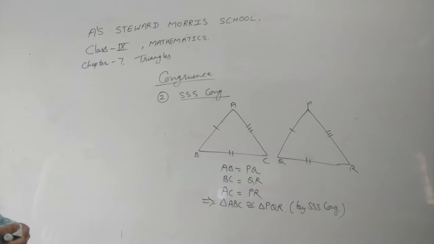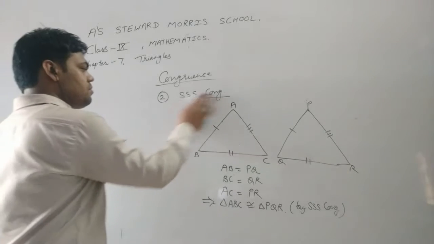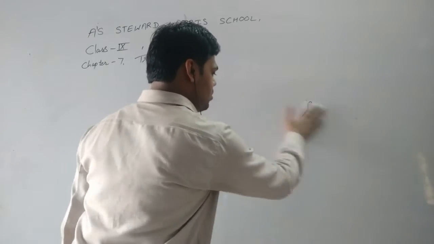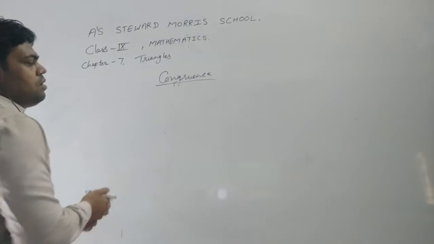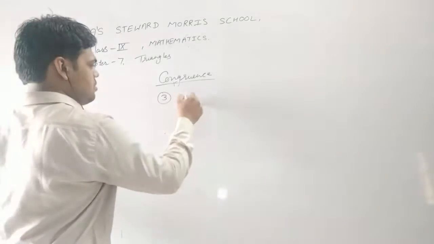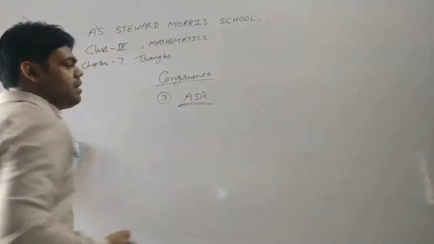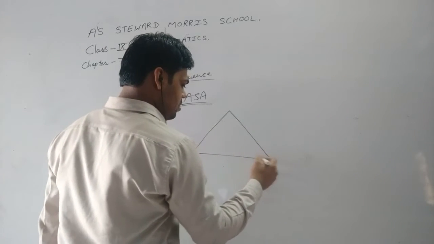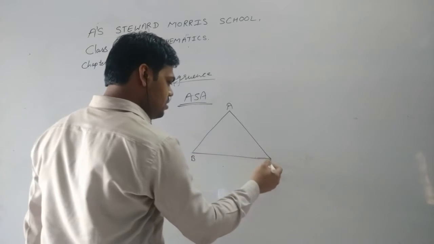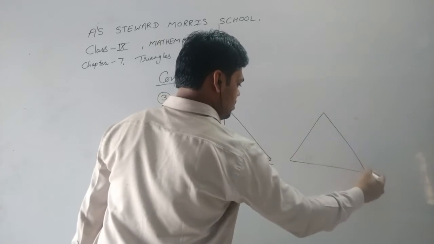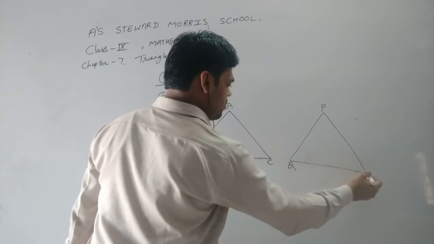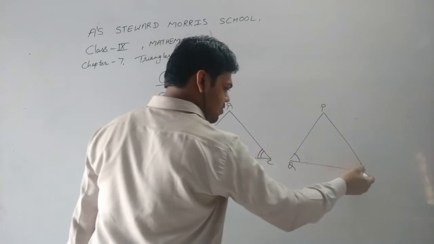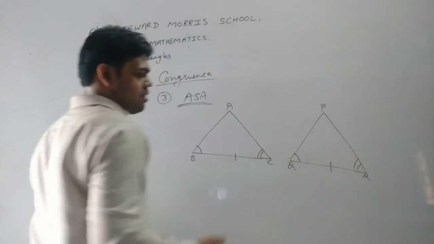Okay. Now the next one, the third part, is ASA. What is the meaning of the ASA rule? ASA congruency means two angles and an included side. If angle B and angle Q are equal, angle C and angle R are equal, and the third part BC and QR are equal, what is the meaning of this?